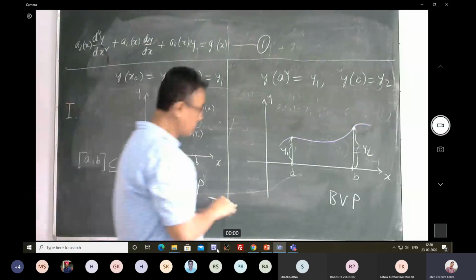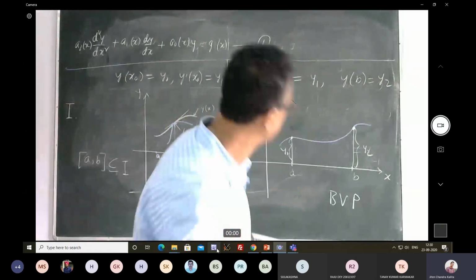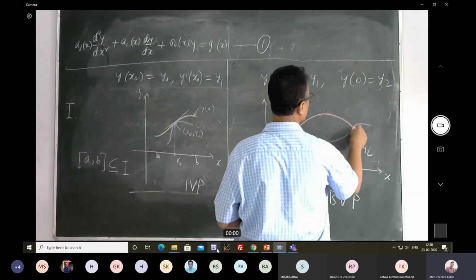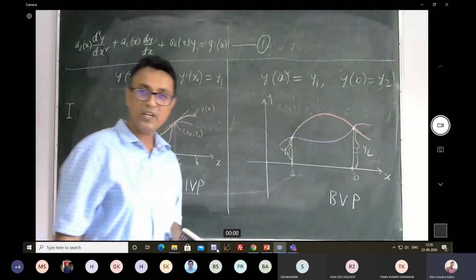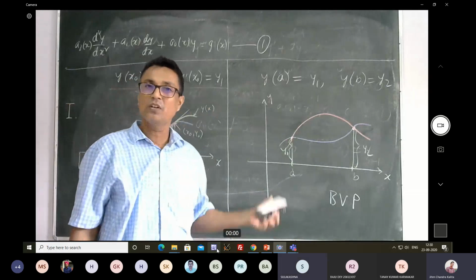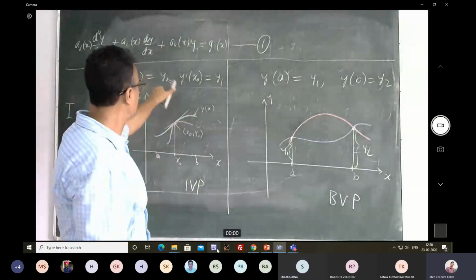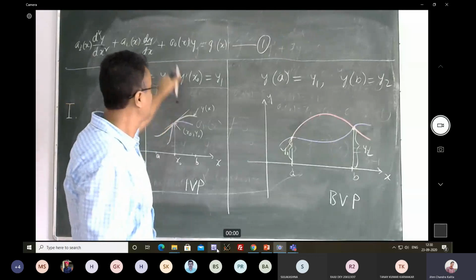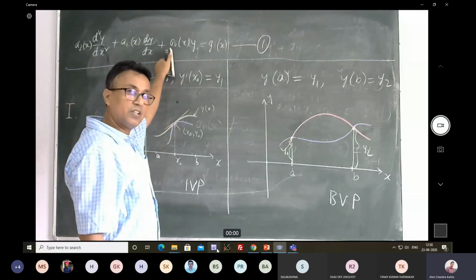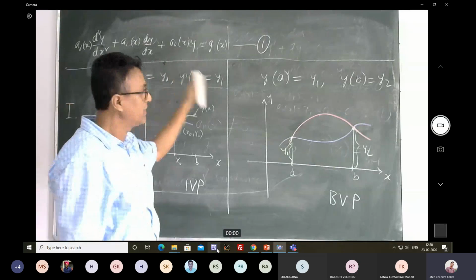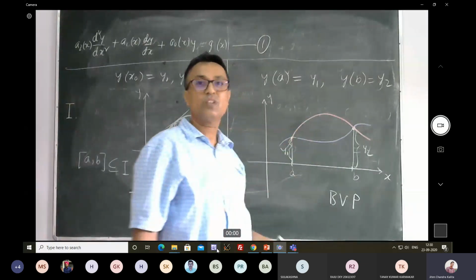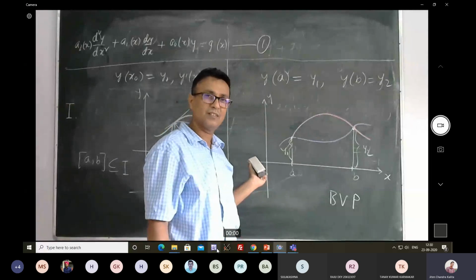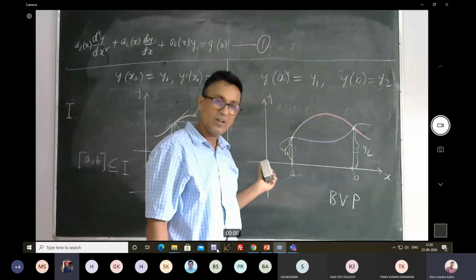And here also I may have another solution like this. So these conditions describe the second order differential equation as an initial value problem, and this one as a boundary value problem. Is it okay with everybody?